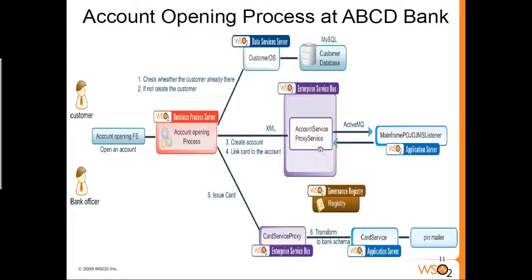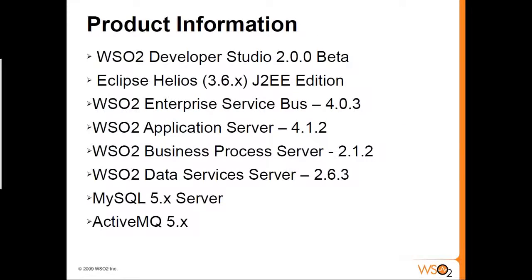So what we are going to do with this demo is integrate all these systems into a single automated workflow using WSO2 Business Process Server, WSO2 Data Services Server, WSO2 Enterprise Service Bus, and WSO2 Application Server. In this case, we will be using the products shown here. We will be using WSO2 Developer Studio 2.0 beta release installed on Eclipse Helios J2EE edition.